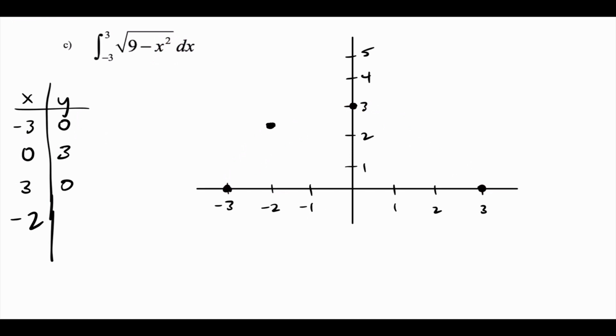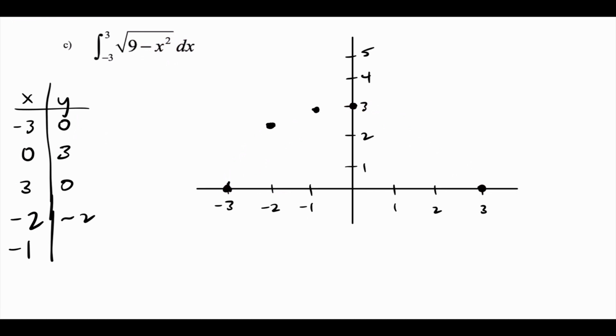So what about when I plug in -1? Well, -1 squared is 1. 9 minus 1 is 8. The square root of 8 is just under what number? 3. Just under 3.